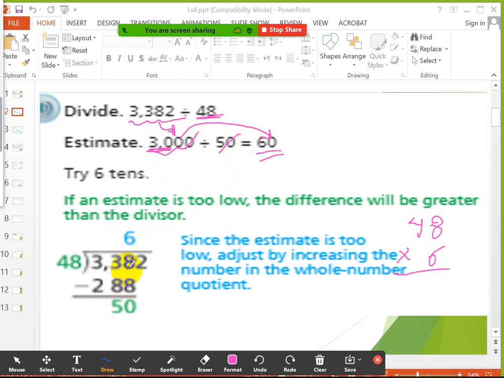But look, when I subtract 288 from 338, the answer was 50. That means there is another 48 in this number, because I can divide 50 by 48. So this digit will be 7. The right answer is 7. But here I don't want to solve or find the quotient. Here I want you to understand this idea that the estimate is too low.